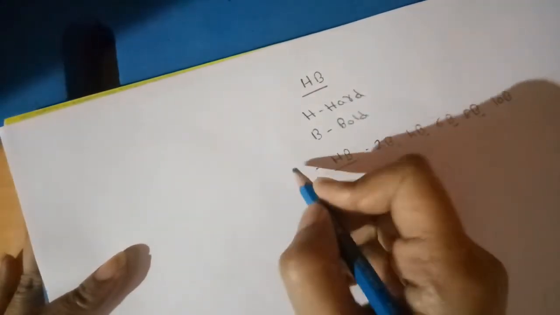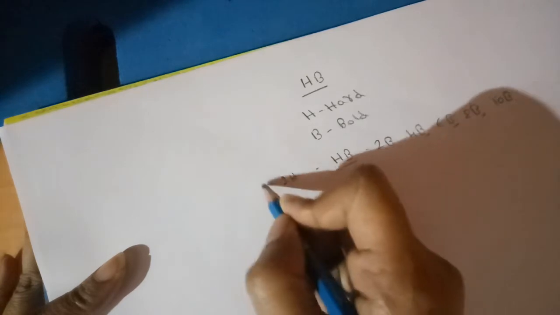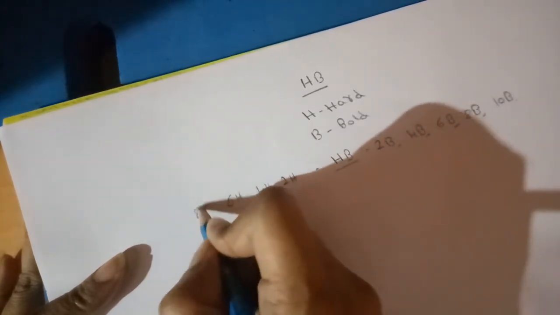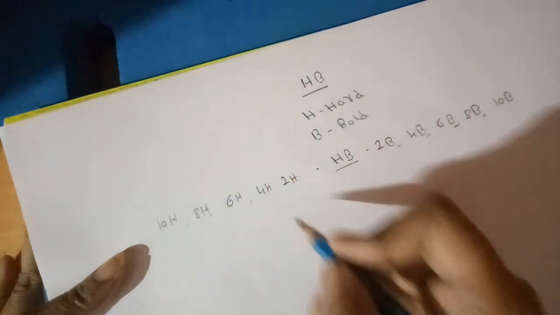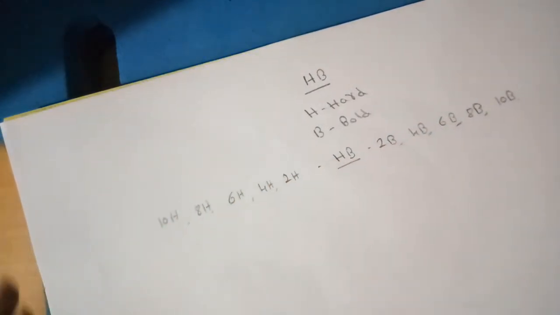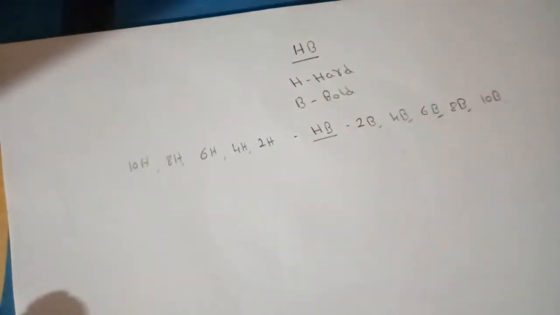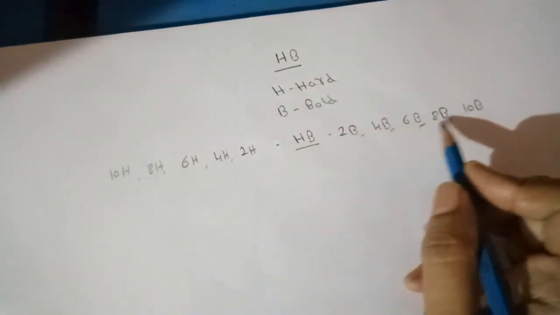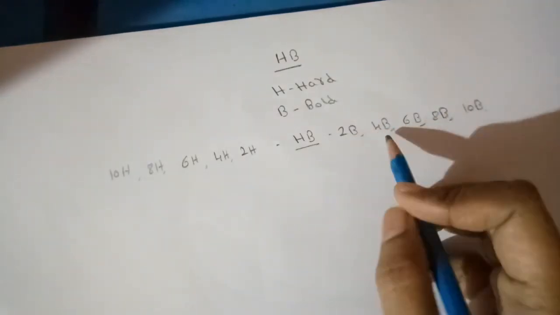And this side 2H, 4H, 6H, 8H, 10H. Okay, I have written just a very few pencils, but other numbers are also available. And coming to the point, here the numbers are increasing in the B pencils.